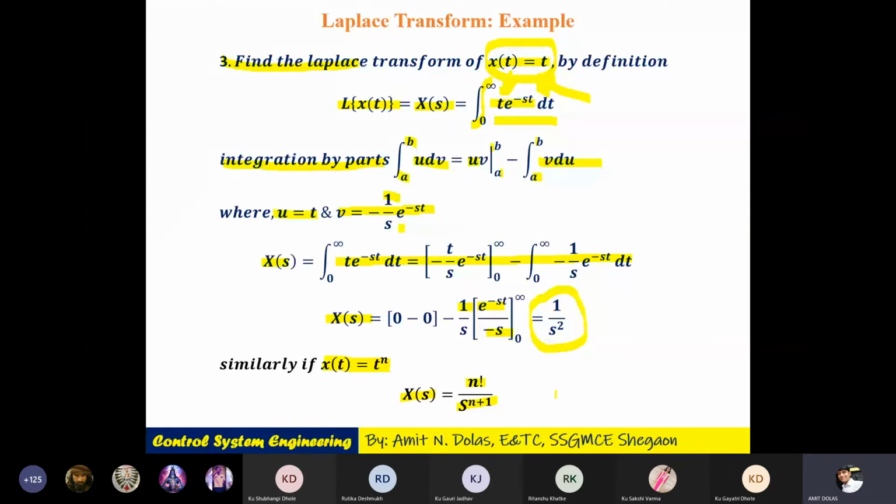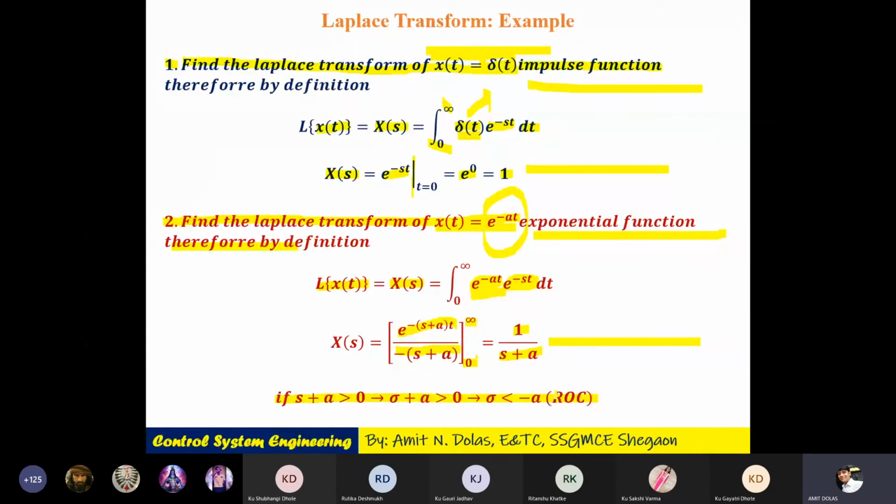What is transfer function of, say, exponential function e raised to power minus 2t? Then you have to directly say that it will be 1 upon s plus 2. Okay, so no need to actually do this action.